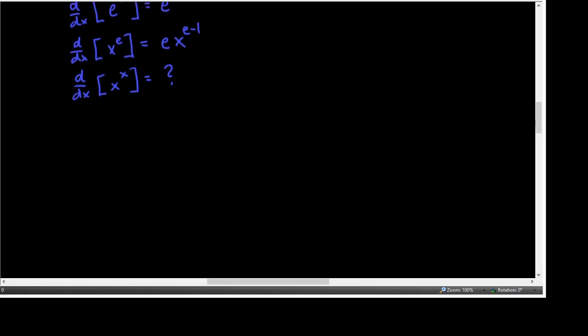So what we're going to have to do to find this one is, let's say that y is x to the x. And anytime you don't want x in the exponent and it's there to begin with, you're going to want to use logarithmic differentiation. So take the natural logarithm of both sides of the equation.